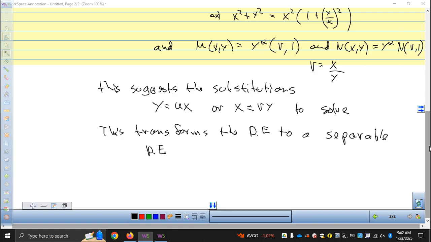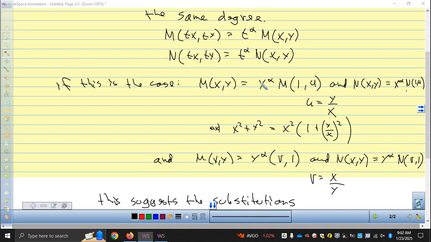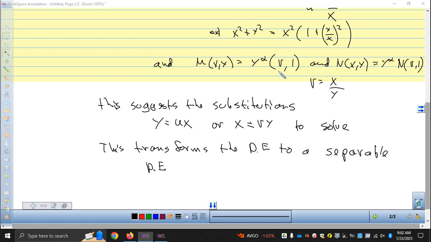So if you want an interesting little challenge, start from one of these substitutions in your original equation and take the derivative of x, or the derivative of y. You're going to use the product rule here, make your substitutions, and it's not hard to see that you end up with a separable differential equation. I would suggest you give that a try.